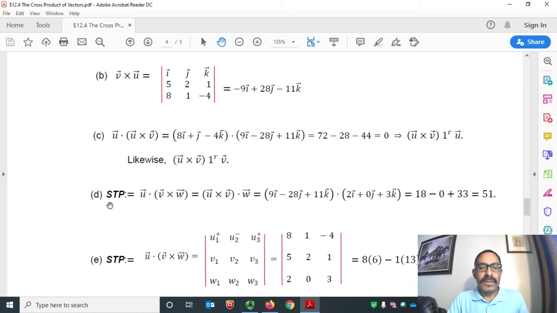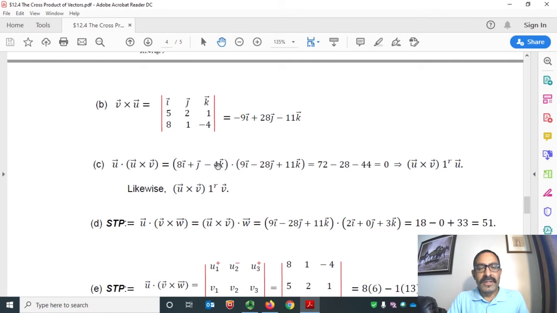Let's compute the scalar triple product. We know the scalar triple product is U dot V cross W or U cross V dot W. We can switch the dot and cross here in the scalar triple product. Let me use the result we found earlier.